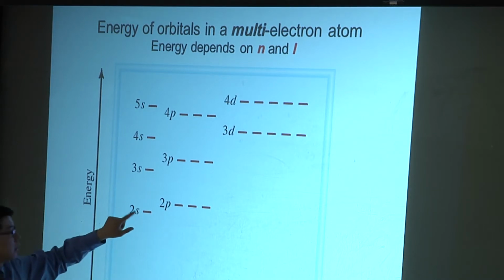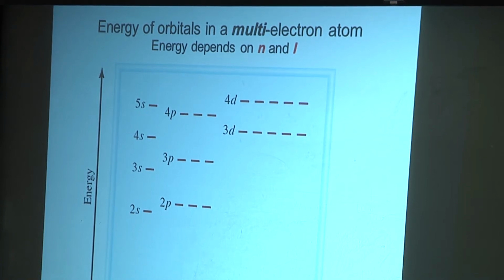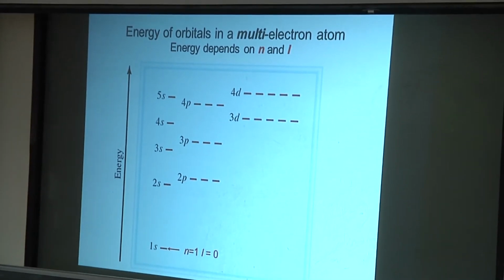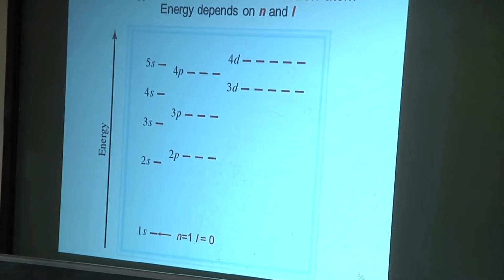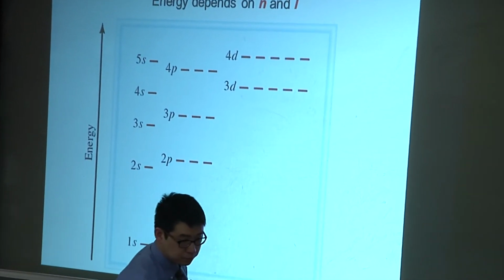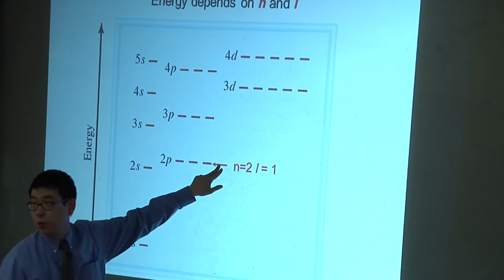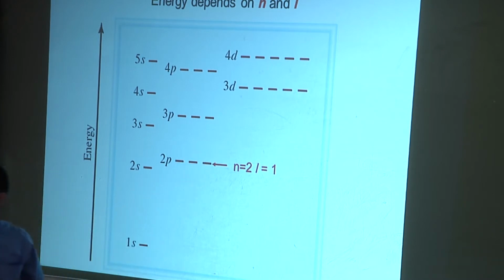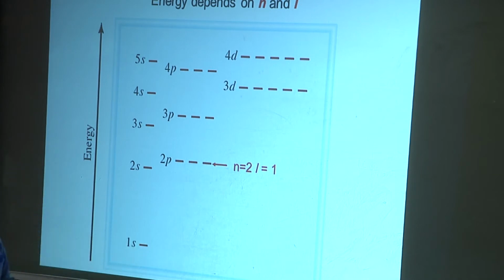What about 2p? n is 2, l is 1. l can go up to n minus 1, right? So n is 2, l is 1. Negative 1, 0, and 1, yeah, so that's m sub l.